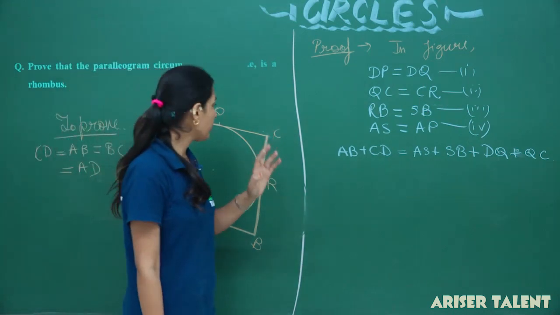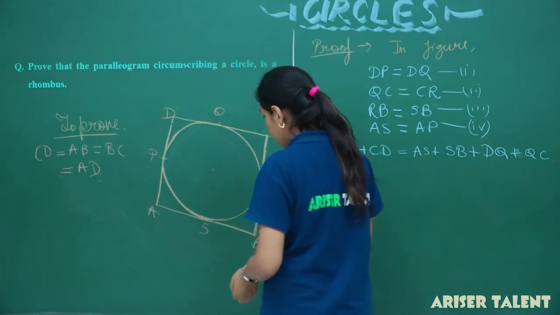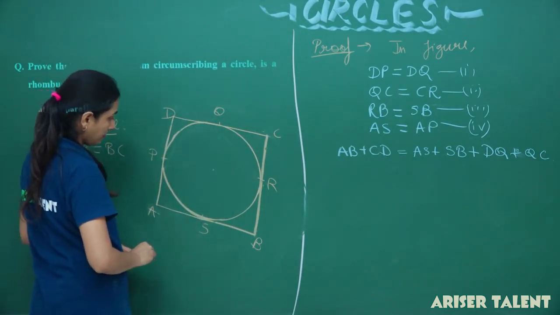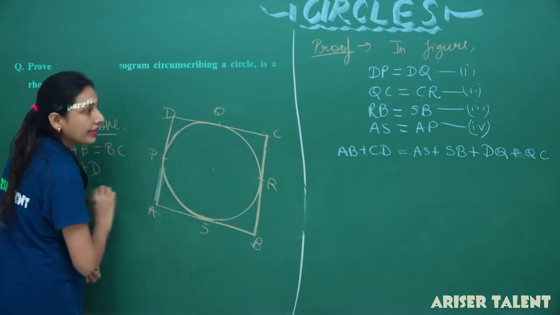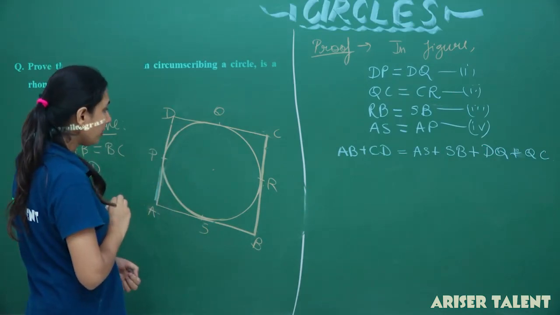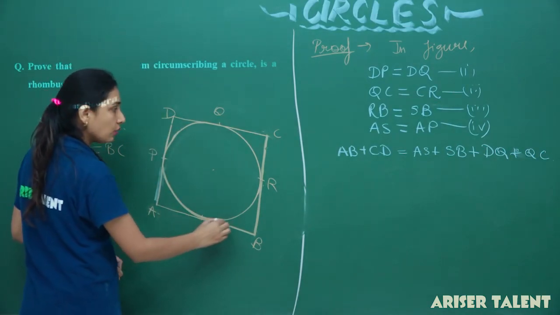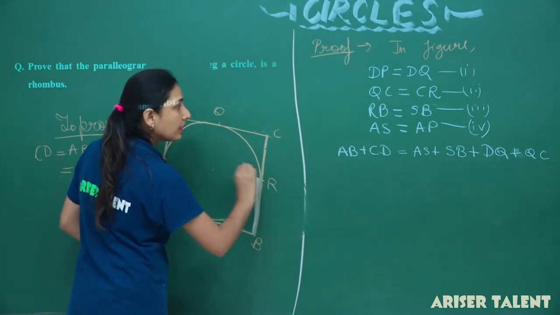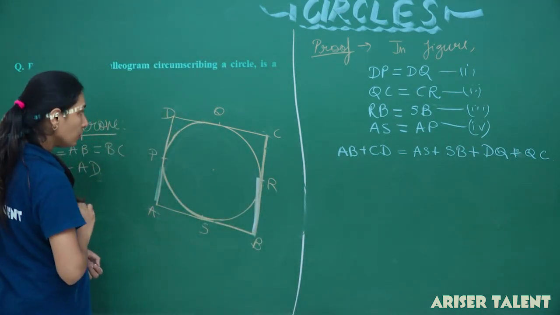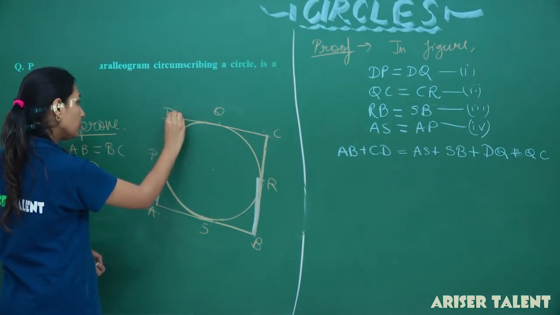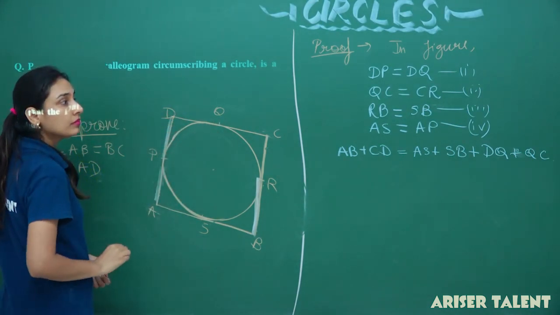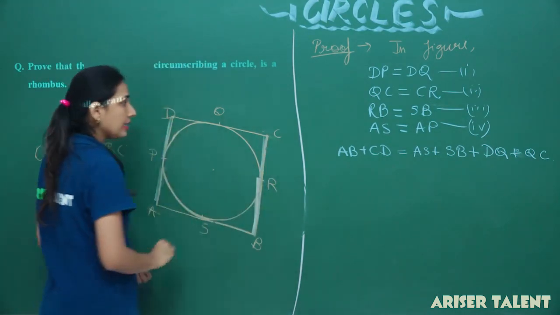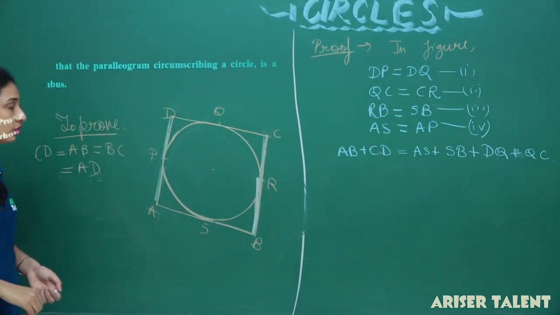Now, AS equals to AP. Now, this AS equals to what? AP, right? And this SB equals to what? This SB is equals to BR, right? And this DQ is equals to DP and this QC equals to CR, right, students?